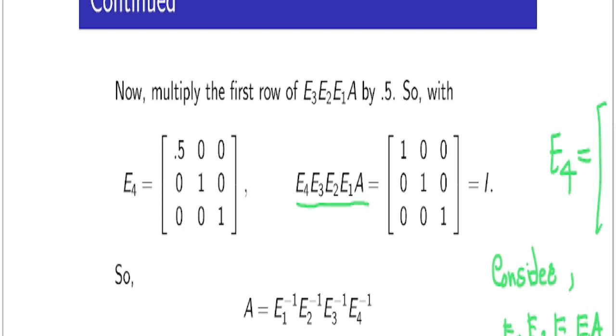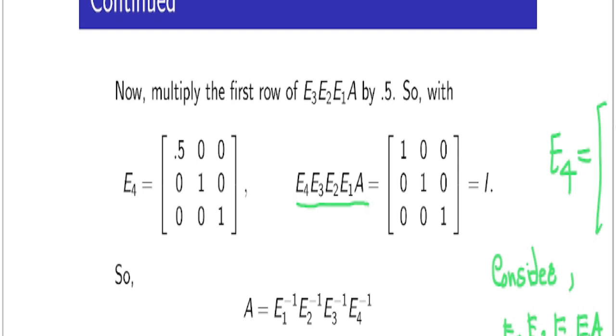That is, E4 E3 E2 E1 A is equal to the identity matrix I.